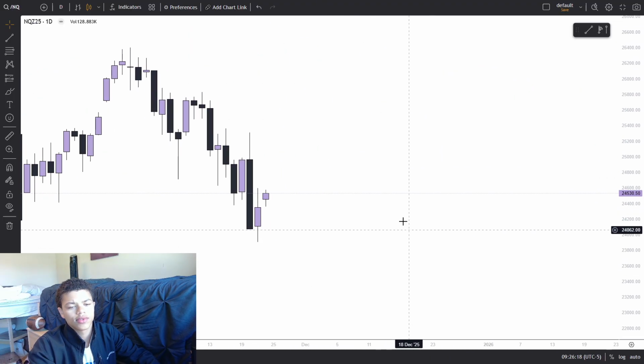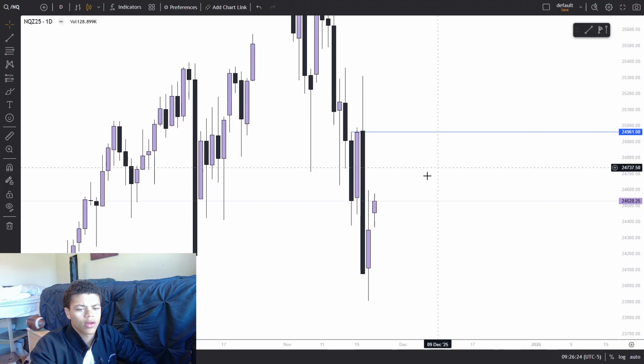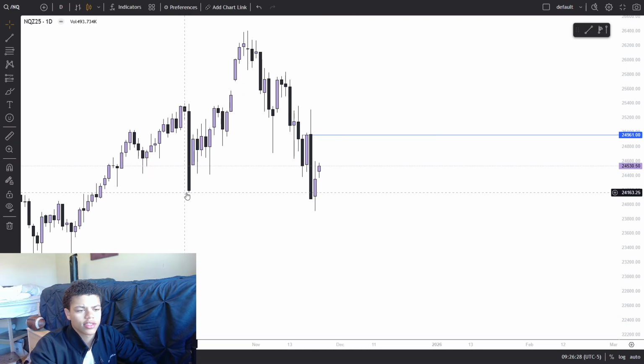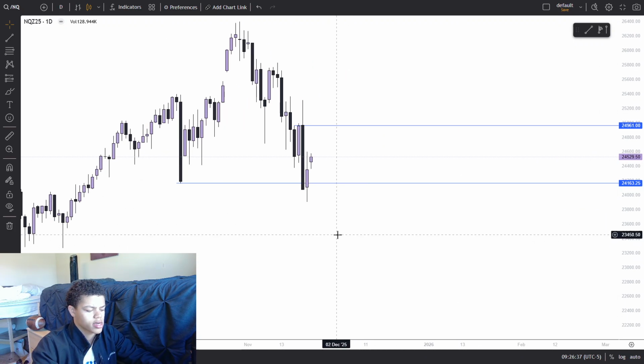What do we see? I got some buy side liquidity resting above here. Just took out this low, which is pretty good, matched with this internal sell side.